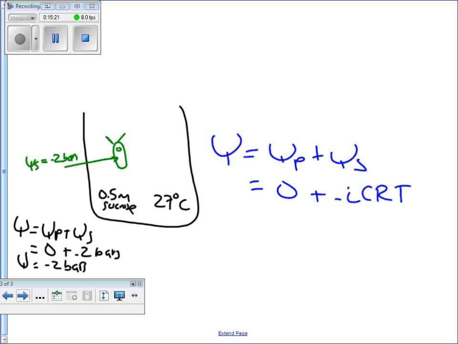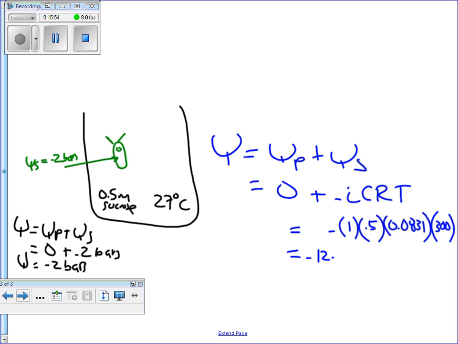So this is sucrose, so again, the i is going to be 1. C, I was told, is 0.5. R is a given value. And T is 273 plus 27, 300, right? And if my old calculation is right, that comes out to negative 12 point something.